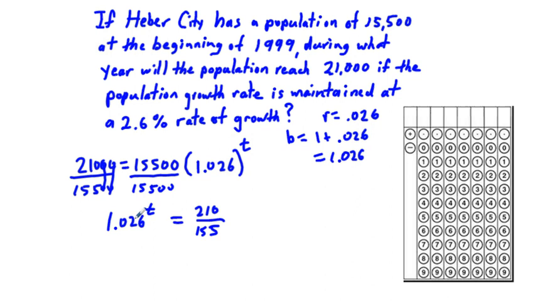Then if we make a logarithmic function, we can take log base 1.026 of 210 over 155, which is equal to t.